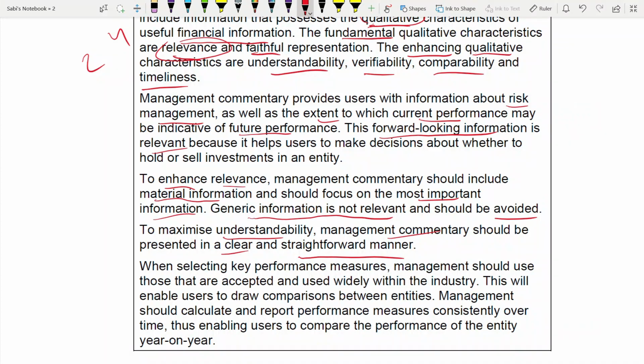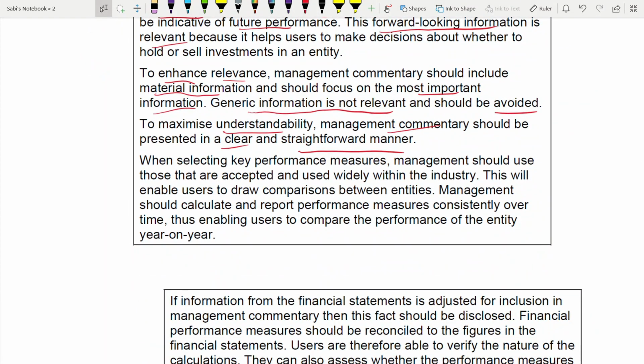Now, when selecting key performance measures, remember you have to select some key performance measures for your management commentary. It is not mandatory, okay, but still you have to use those that are accepted and widely used within the industry. It should not be something which is created by your own and no one is using in the industry. Remember you have to be able to compare it with others, so it has to be something widely accepted in your industry to use as a key performance measure in your management commentary.